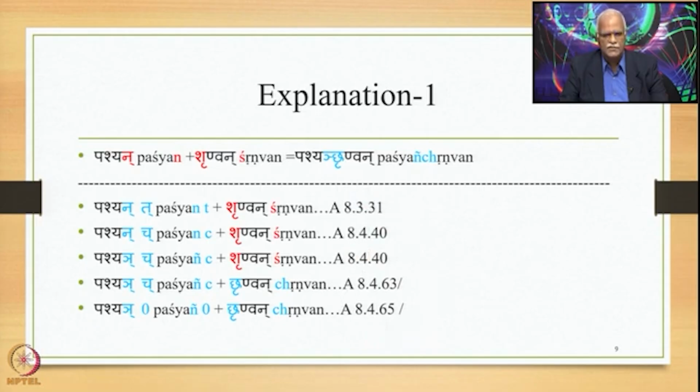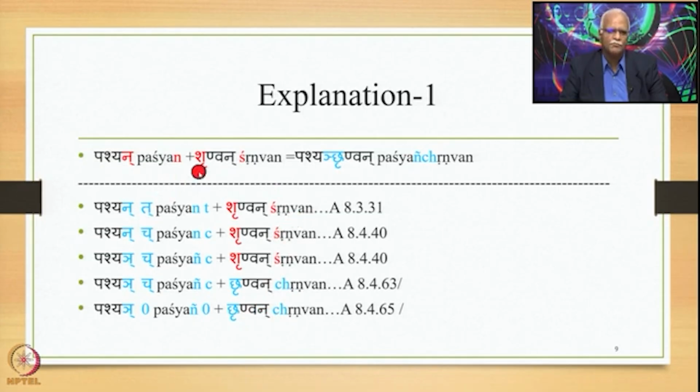One of them applies and converts this into Pashyan Chrunvan. So if we start from the bottom, but here we see Pashyan Chrunvan, and we can go back like that, or we can come from the top to bottom. First let us come from top to bottom.